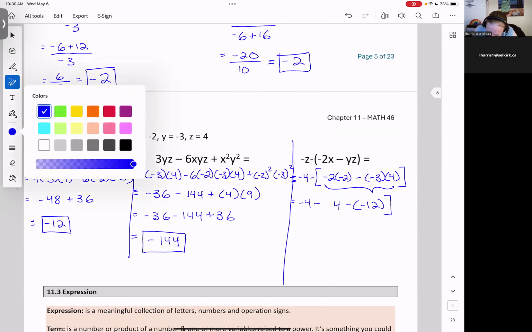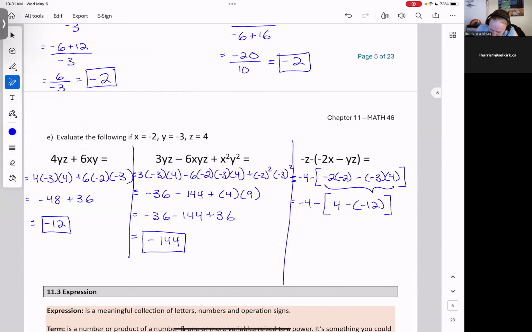Don't worry too much if you want to just use round ones to get started on these. I don't see that as a problem. So we've got -4 minus, and then this is going to be 4 plus 12. So we've got -4 minus 16, which would give us an answer of -20.